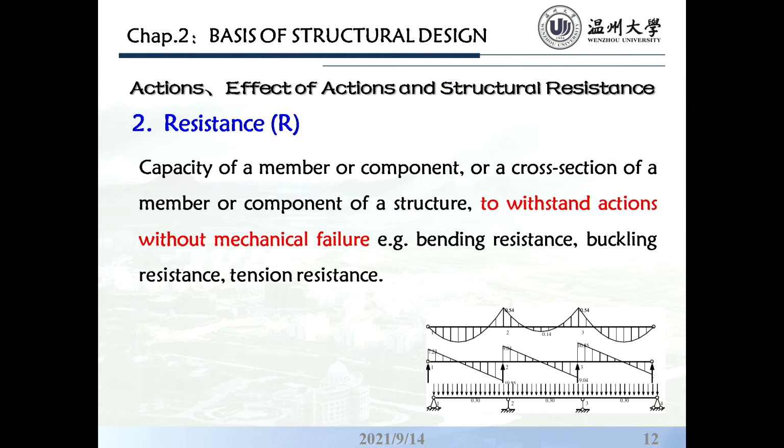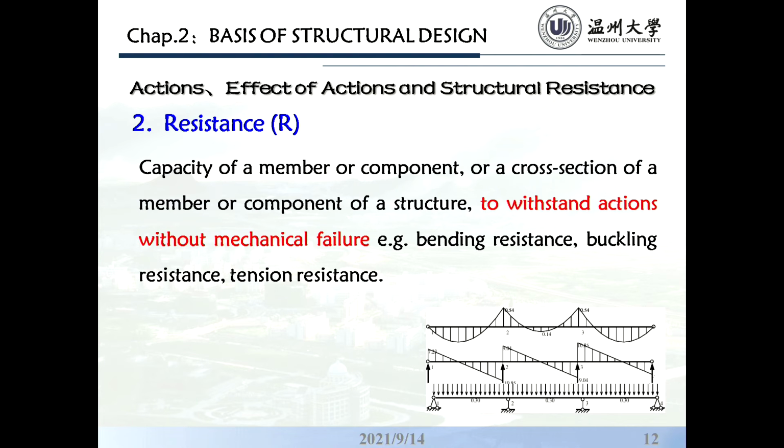And what else? Material, structure type. Before I mentioned the cross section, right? Just like a beam with a smaller section has a smaller stiffness, so of course it has a lower resistance.